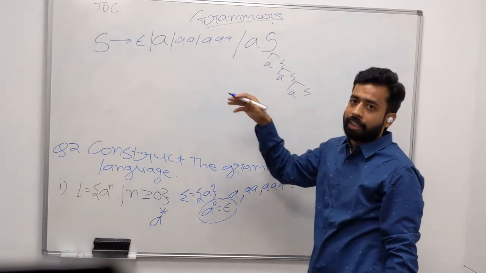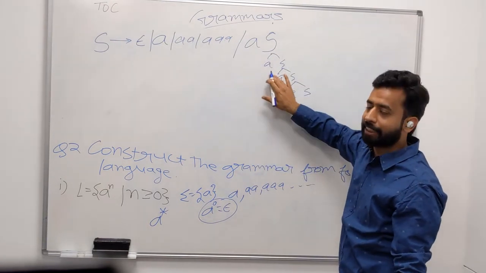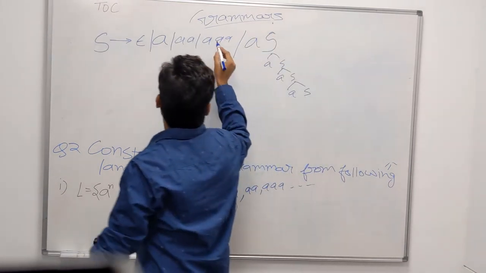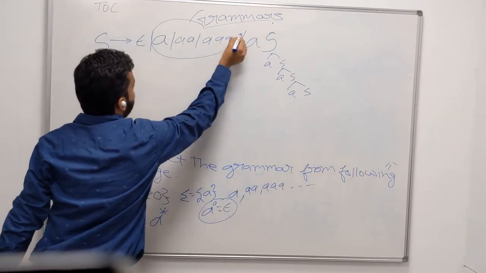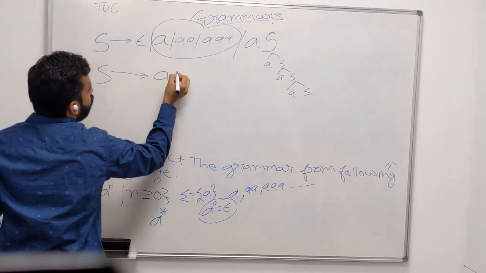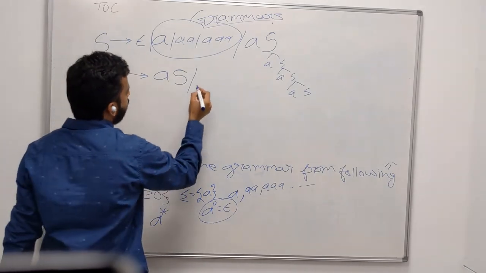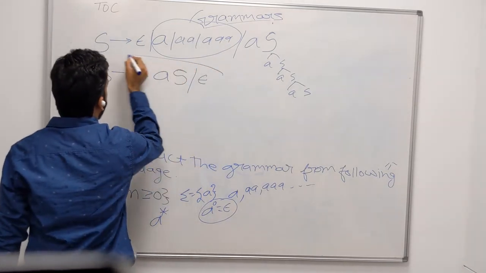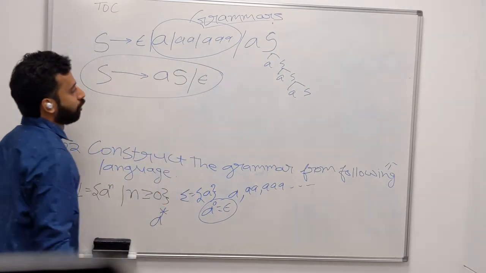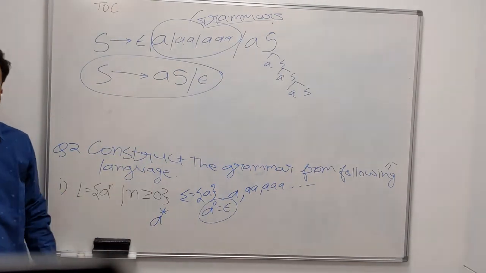Since you are replacing this capital S by AS, you don't have to write all these terms again and again. So this should be the grammar for generating the complete language of A with epsilon. Whenever you want to stop, you can just use epsilon. This is how you will solve these kinds of questions.